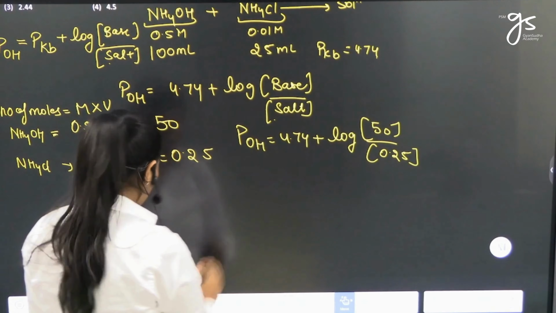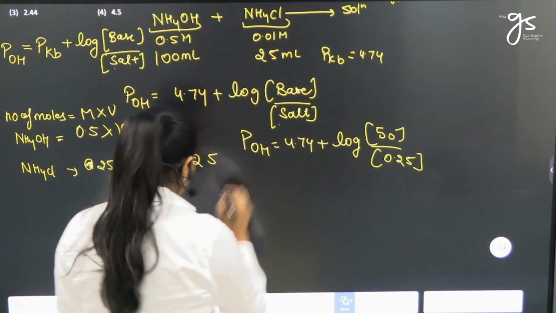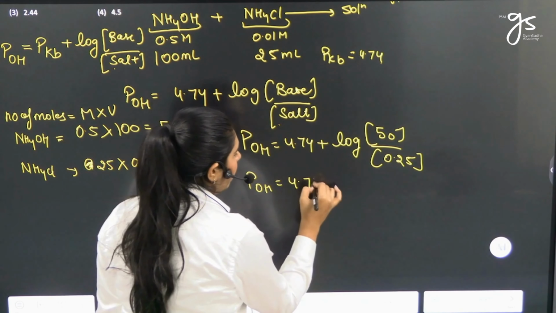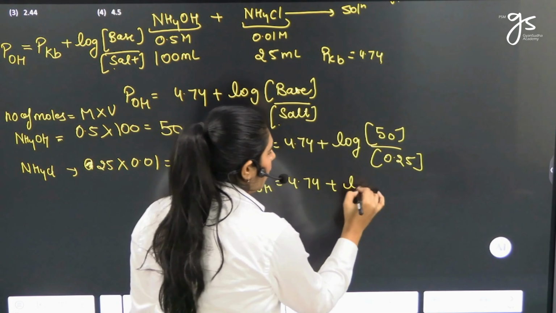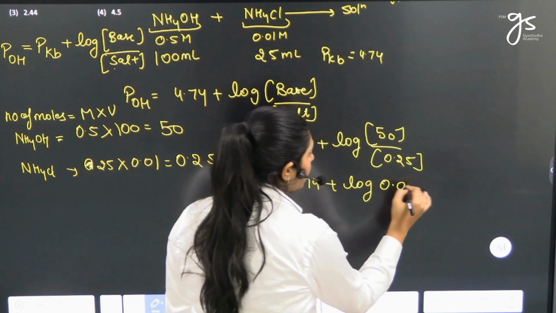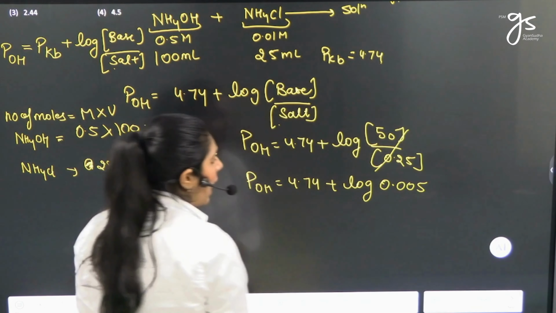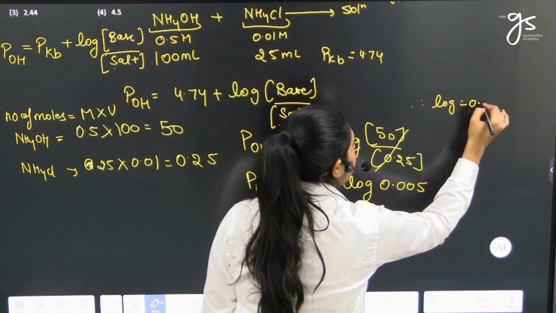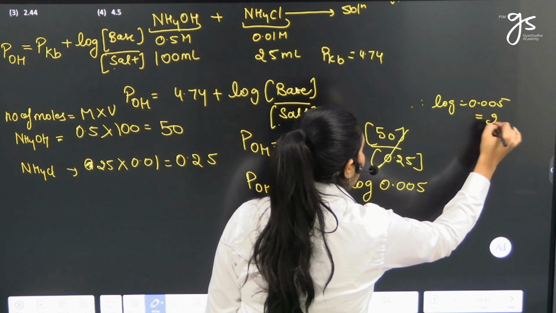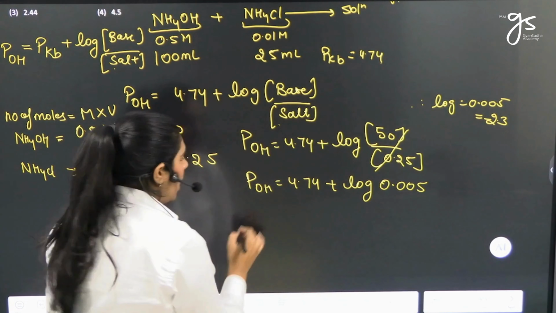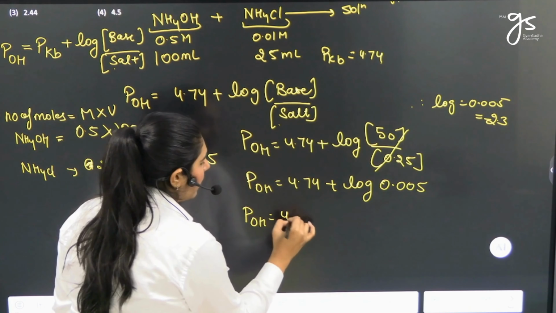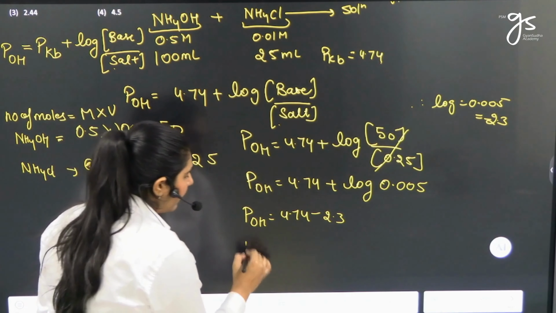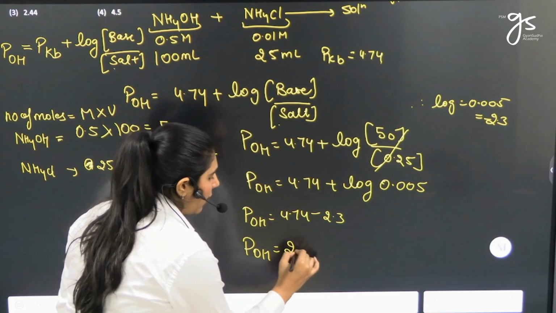Now, we will solve completely. pOH equals 4.74 plus log of 0.005, and the log of 0.005 value is minus 2.3. Upon putting the values and subtracting, we get a value of around 2.4.